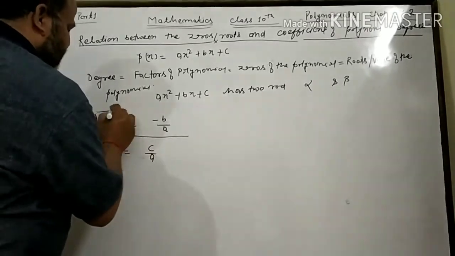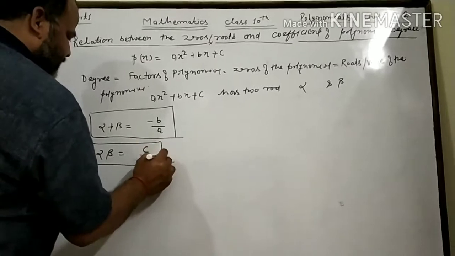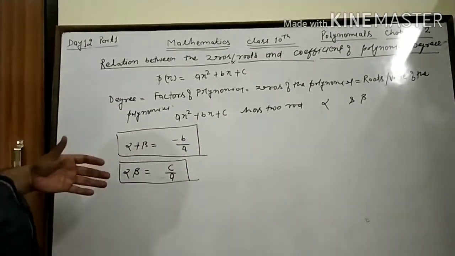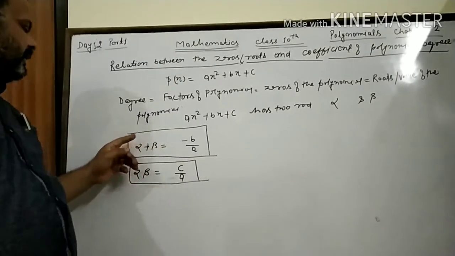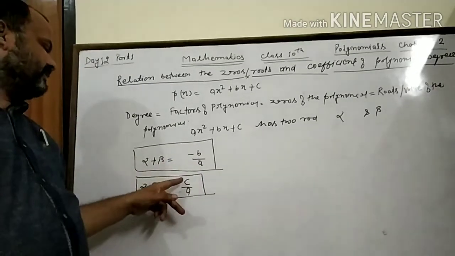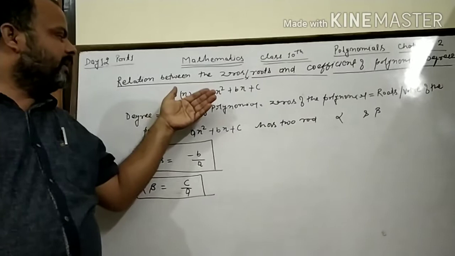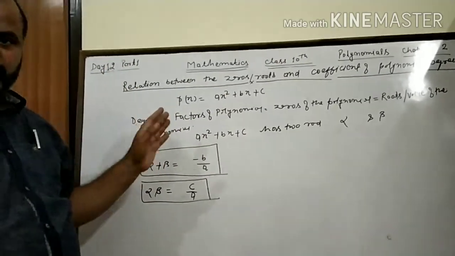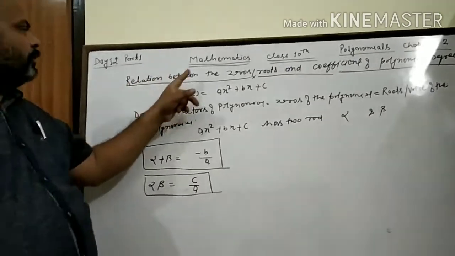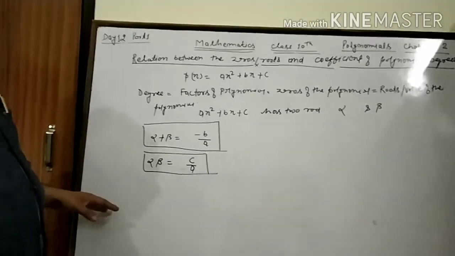It is called the relation between roots and coefficients of the quadratic polynomial, or polynomial of degree 2. Clear? Here alpha and beta are the roots of the polynomial, and a, b, c are the coefficients of the given polynomial. Then this formula is the relation between the roots or zeros and coefficients of a quadratic polynomial.